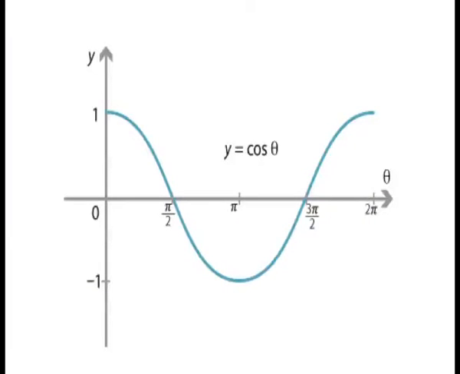Same with the cosine function: it is 1 at theta equal to 0, 0 at theta equal to pi by 2, -1 at theta equal to pi, 0 again at theta equal to 3 pi by 2, and 1 again at theta equal to twice pi, the periodicity again being twice pi.